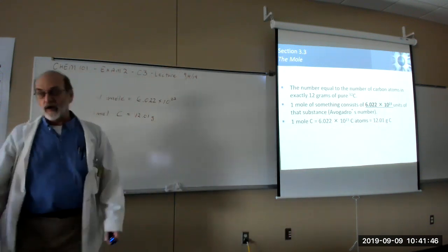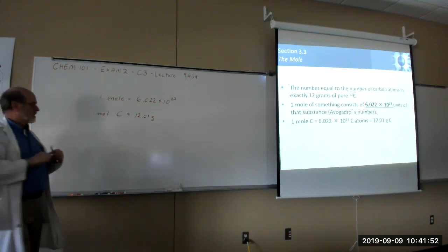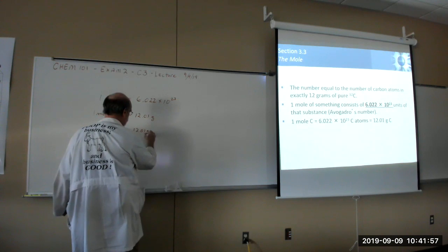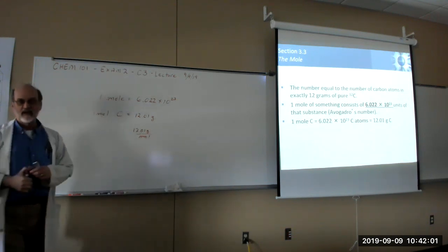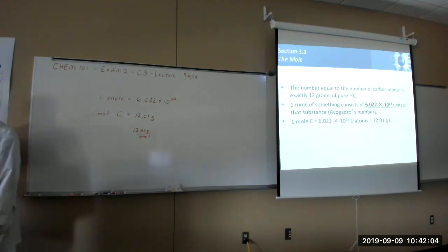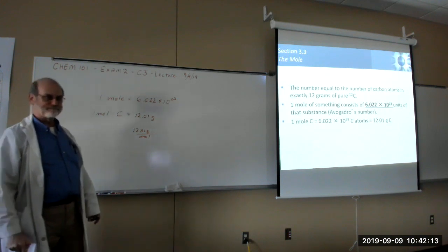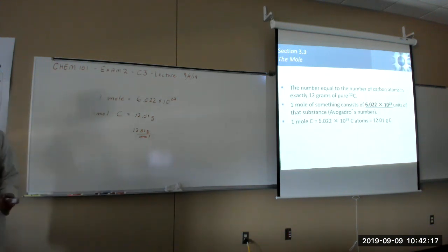So every one of these values for each of the elements is 12.01 grams per mole. Every element has a conversion factor built in, that many grams per mole of atoms. We're starting to get more and more information from the periodic table.